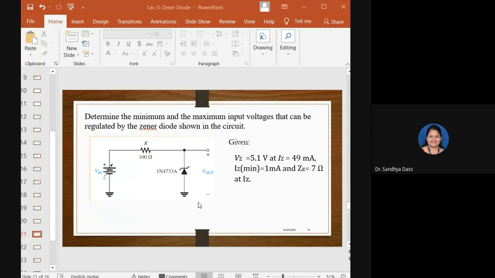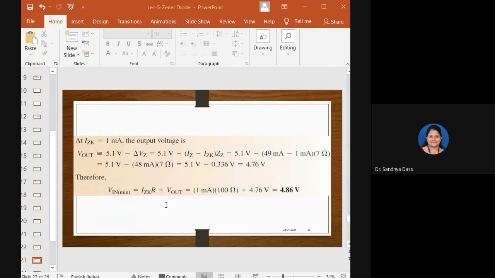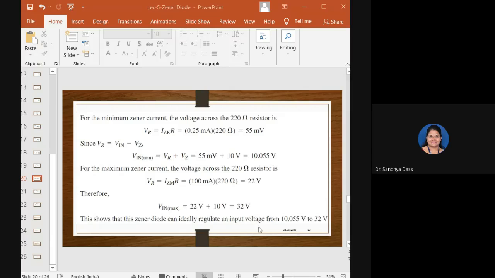So the voltage regulation of 10 volts, the range of input voltage that can be applied will be between these two values, 10.055 volts to 32 volts. That is the meaning. I hope you are with me.